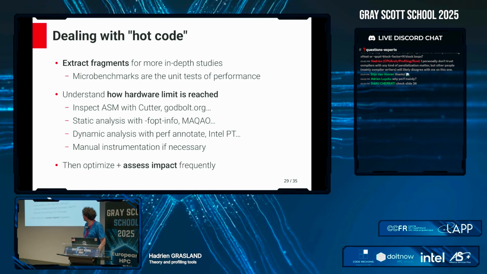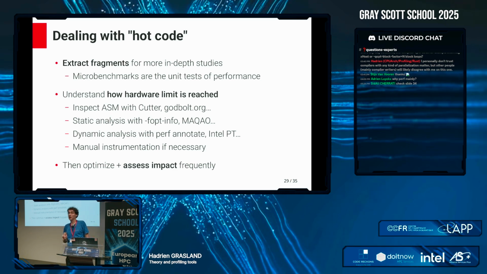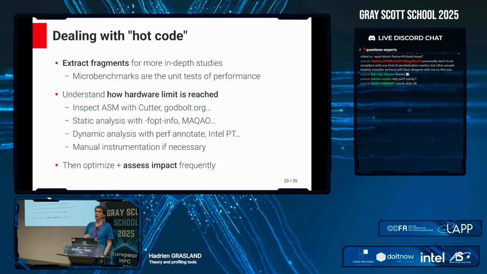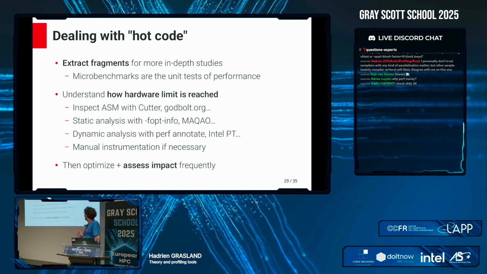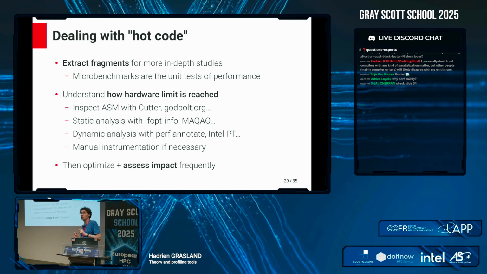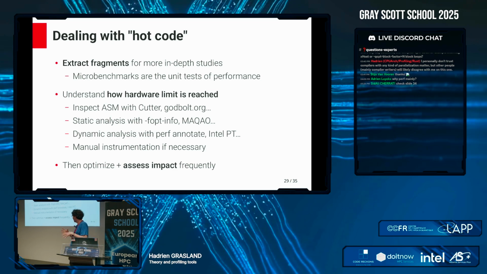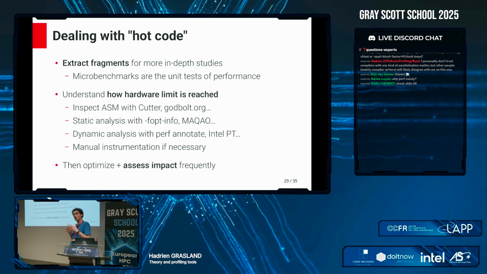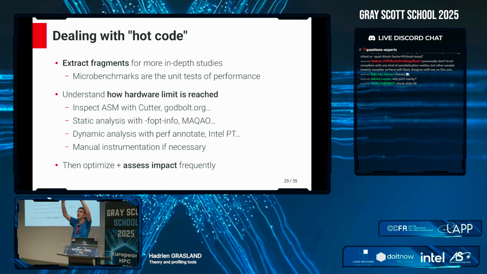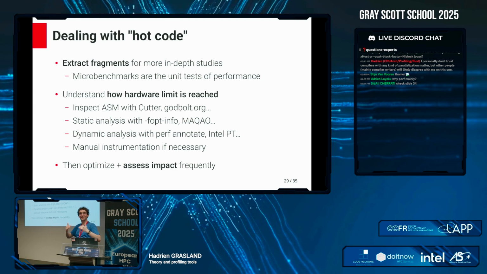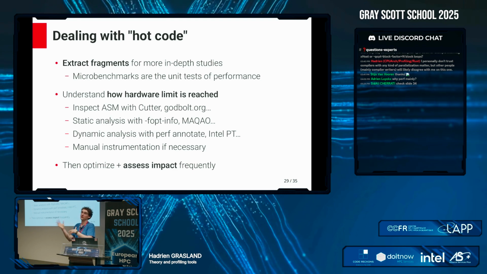Examples of tools include manual assembly inspection using tools like Cutter or godbolt.org. Static analysis using tools like compiler optimization reports, MAQAO. Dynamic analysis using tools like another perf functionality, which I do not have the time to show you, which shows you how you spend time in your assembly instructions. So what are your hot loops, that sort of stuff.